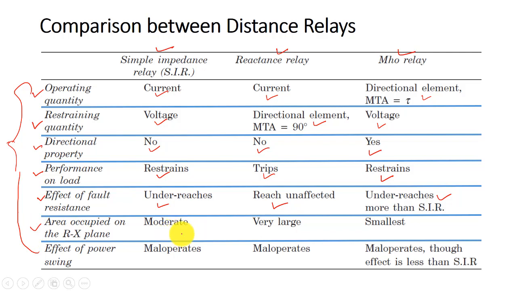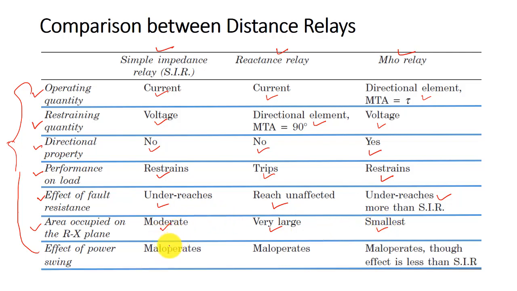The simple impedance relay operating characteristic occupies moderate area, but your reactance relay occupies very large area. Therefore, there is a problem of maloperation under a normal load condition and power swing condition. And the smallest area is occupied by the Mho relay. Already we have seen this.